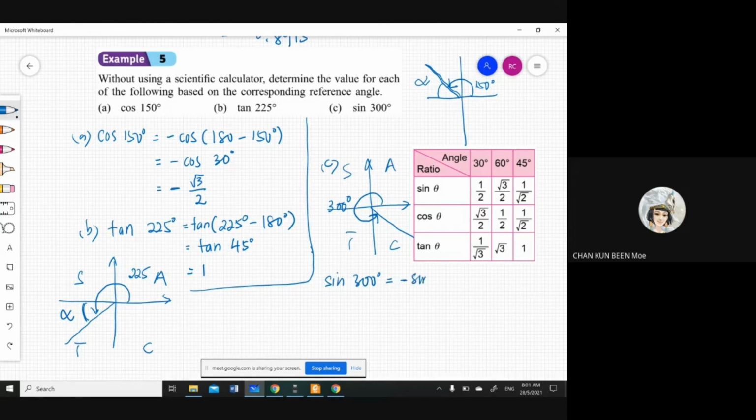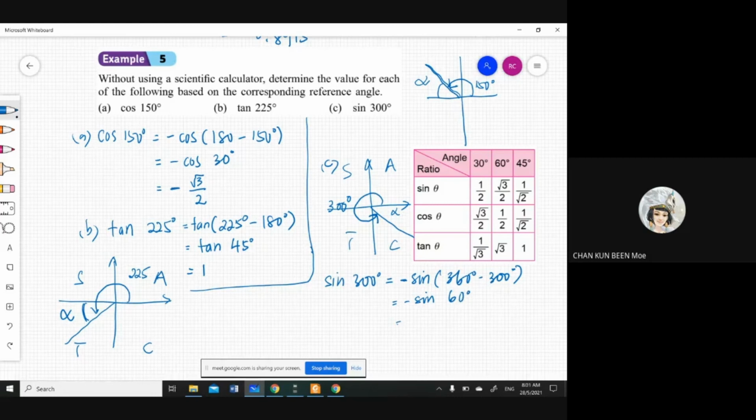So negative sine. Okay, how do I get the corresponding reference angle here? To get the corresponding reference angle here, I have to use 360, one whole turn, minus 300 degree. So write down 360 minus 300. The value that we are going to get is 60 degree.